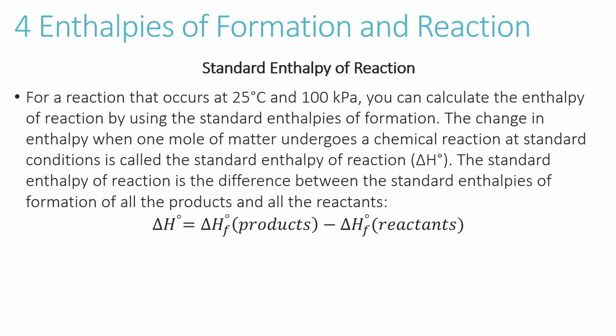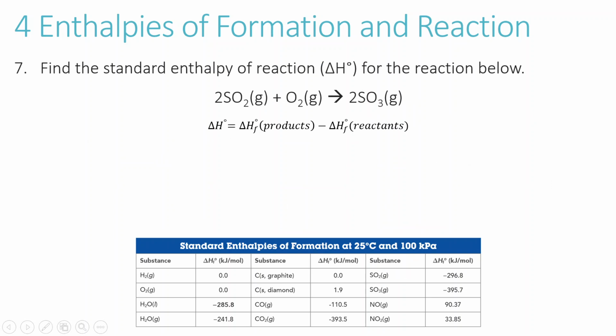So the standard enthalpy of reaction is the difference between the standard enthalpies of formation of all the products and all the reactants. So I would add up all the values for my products and add up all the values for my reactants, and then I'm going to subtract the two. So let's take a look at number 7, and then I'll give you some time to practice with 8 and 9.